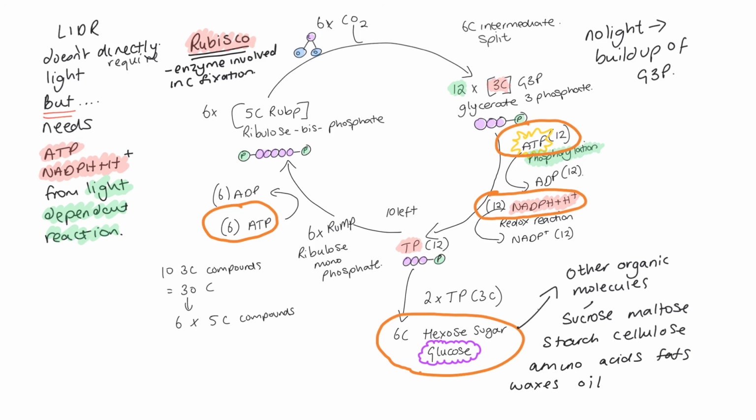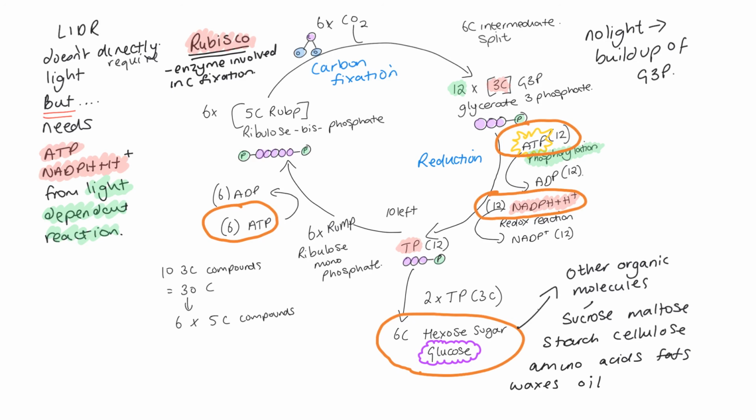So let's just focus on the key stages of the light-independent reaction, or the Calvin cycle. The first thing that happened was that we fixed our carbon. We fixed our carbon into glycerate 3-phosphate. Then we reduced the molecule to produce triose phosphate. This triose phosphate had two paths.